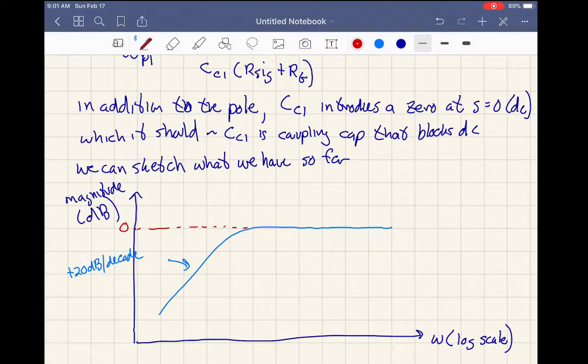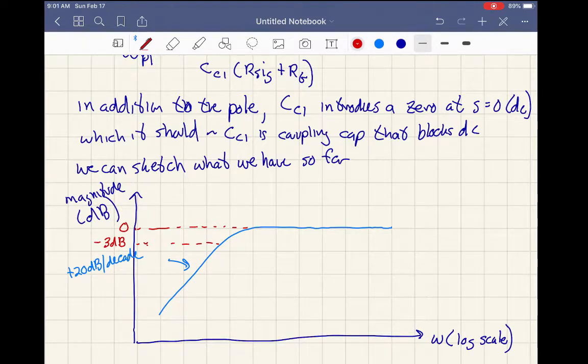3 dB down is right here. I'm going to call that negative 3 dB, negative 3 dB off our midband frequency.